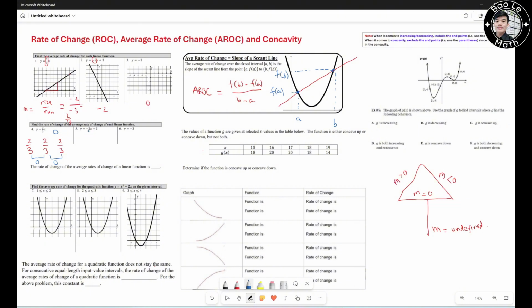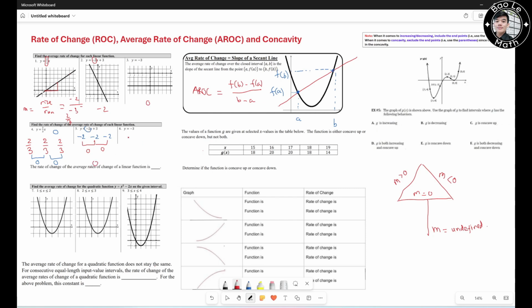Now we do the same thing. This is negative 2, so the average rate of change is negative 2, negative 2, and negative 2. The change between this one and this one is going to be 0, and the same for the next. So the rate of change of the average rate of change of this linear function is 0.